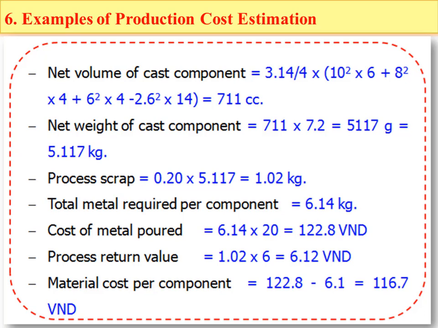And finally, the material cost per component is calculated by the cost of metal poured minus the scrap return value. So we have finally 116.7 Vietnam dong.